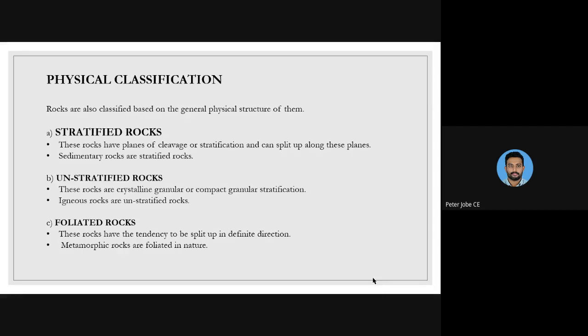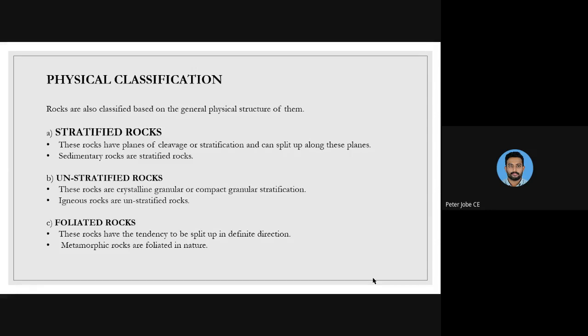So this is a metamorphic rock. The typical example we discussed was marble. There might be some designs in marbles, and those designs are a result of the foliation process that happened in metamorphic rocks.